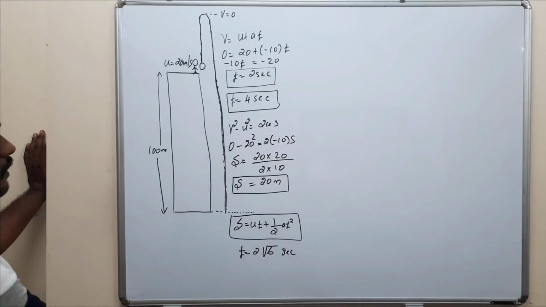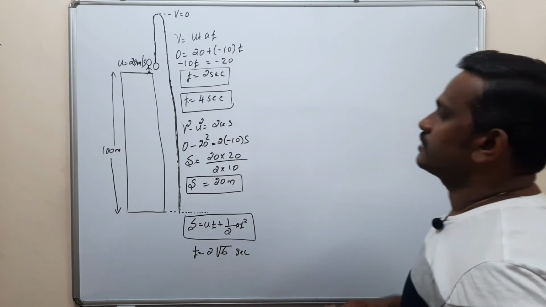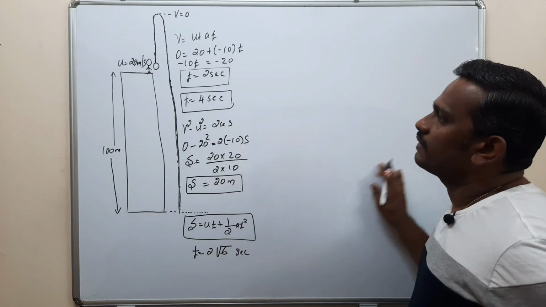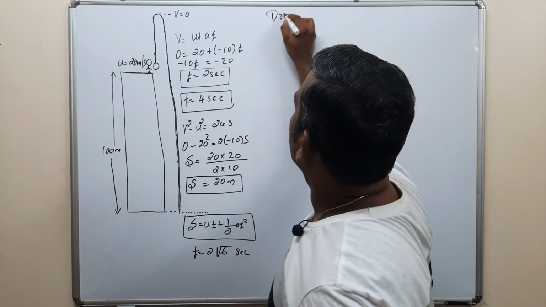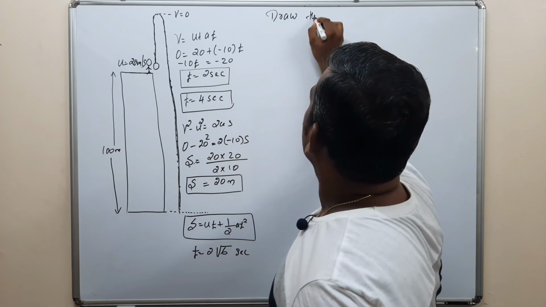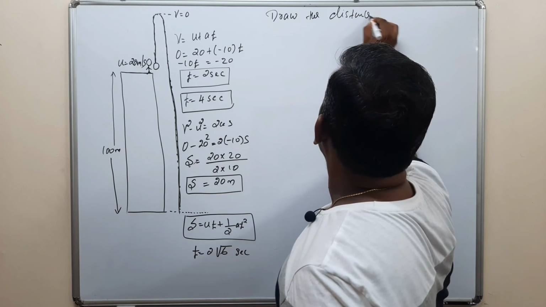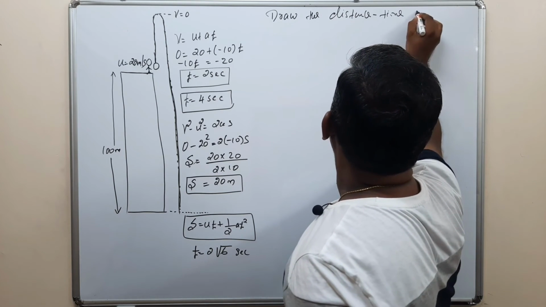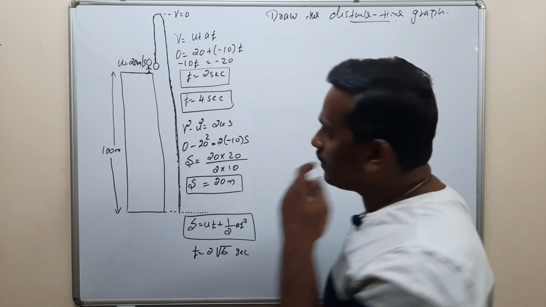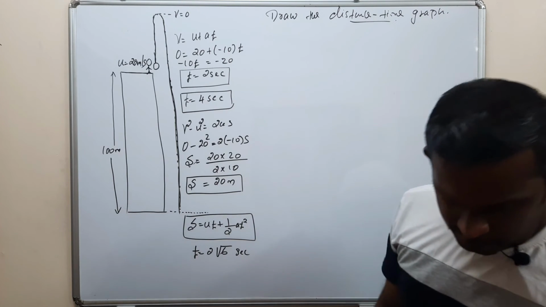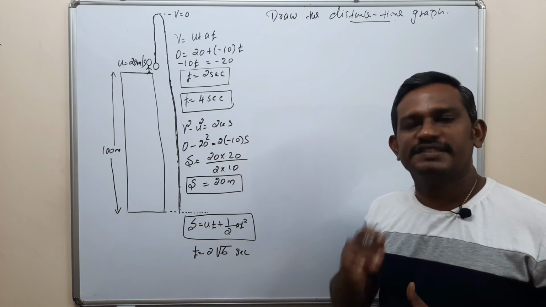Clear? Next, for the same case, draw the distance time graph. When we draw the distance time graph, the distance is always positive.